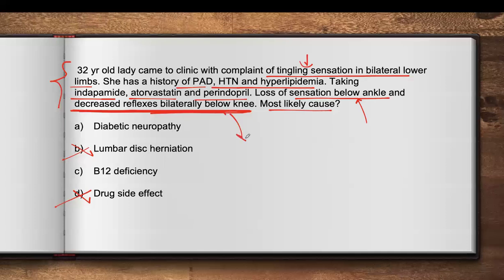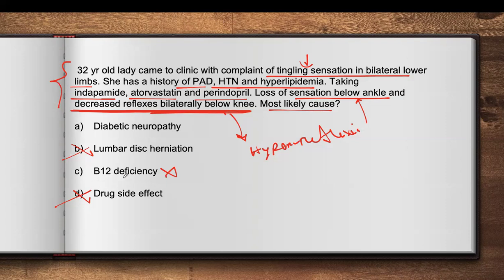Now, we know that a patient who has B12 deficiency will have hyperreflexia, at least in the knee joint. Okay? And also, for B12 deficiency, they should have some kind of motor problem, right? Which means spasticity, muscle weakness, those kinds of things. Nothing is here. So it is not B12 deficiency anymore.